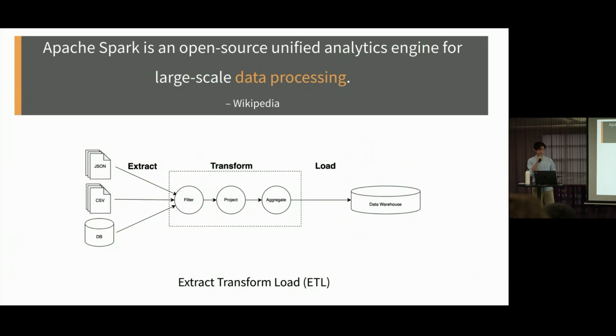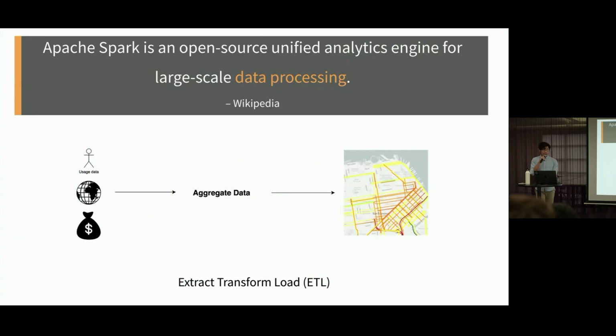You load it into a data warehouse. What this might look like is an ETL pipeline for a ride-hailing app. You take your usage data, geographic data, data about profits, you aggregate it, and then you create some visualization for hotspots of where it's good to place the ride-sharing apps.